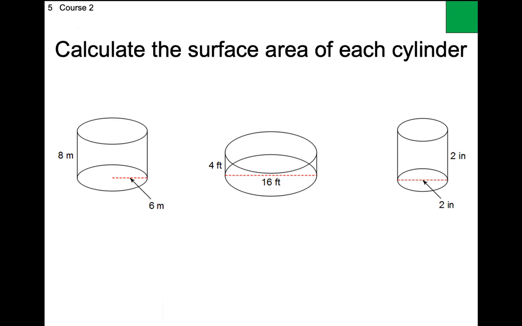Formula SA for surface area of a cylinder is equal to 2 pi rh plus 2 pi r squared.